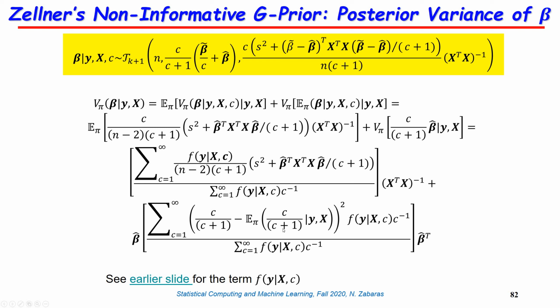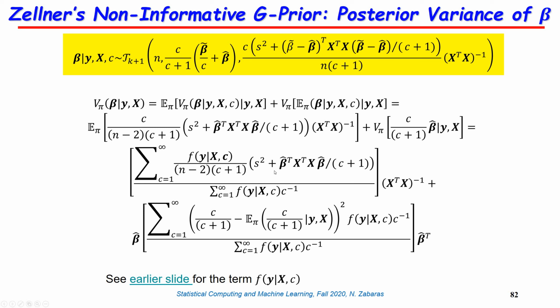Again, I'm going to be using the posterior of C to do these expectations, and then square of all of these things times, again, the posterior of C divided by a normalization factor. And because I had a beta hat here, this will come out as a beta hat times beta hat transpose, okay? And then you're going to do the same thing. You're going to have to calculate the expectation of all of these C terms, okay?